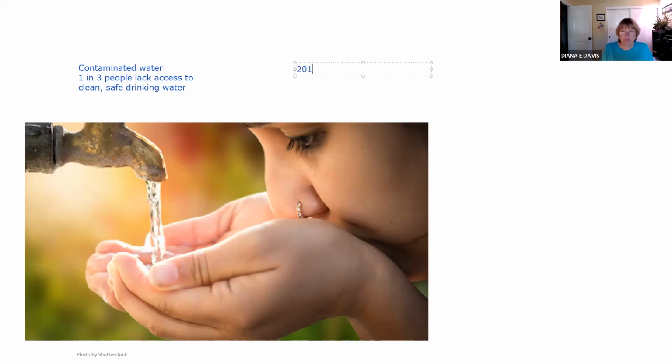In 2012, the last year I was able to get good information on, there were around 840,000 deaths caused by drinking contaminated water. How does the water get contaminated? One of the ways, the number one way, is poor sanitation.